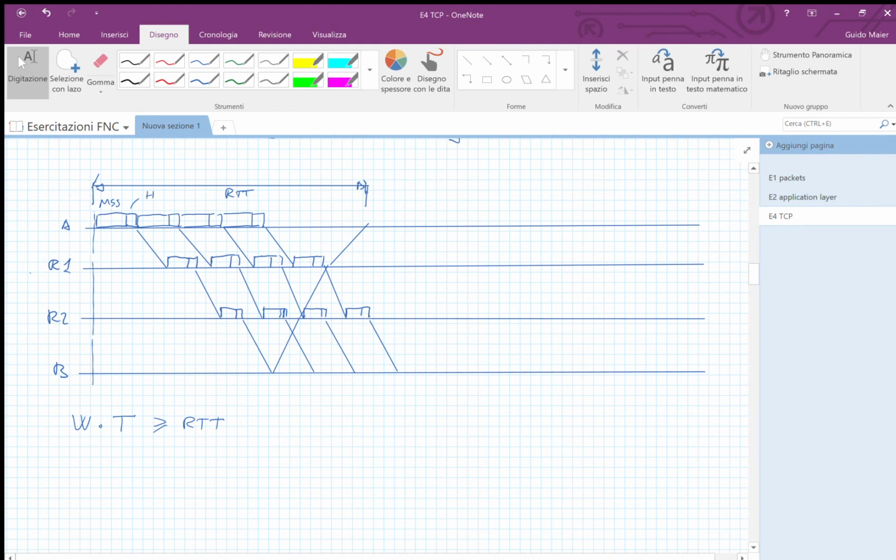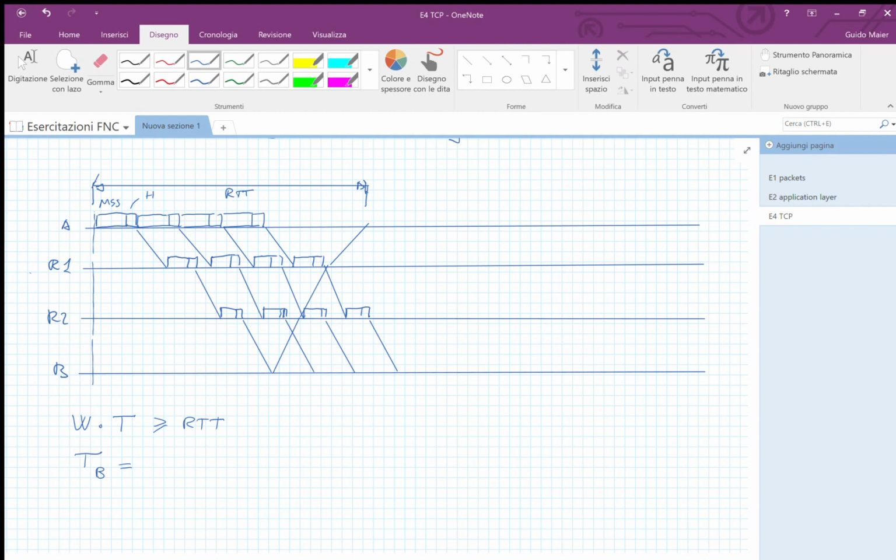Until we are able to send 4 segments, the history repeats without any change. So we can say that the total transfer time, let's call it TB, will be equal to the number of groups of 4 segments that we can make, minus 1.